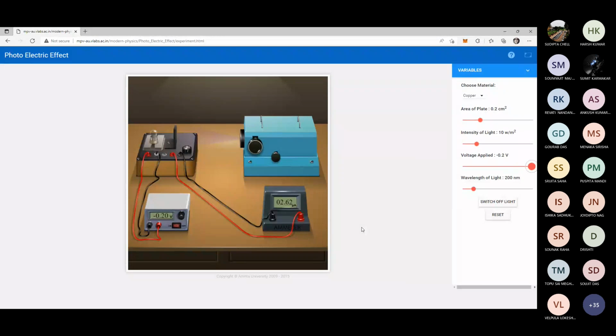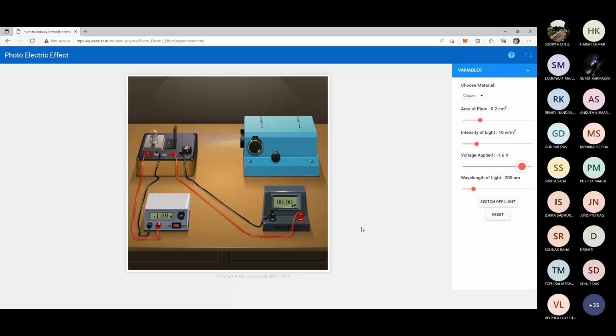We are changing our applied voltage, and you see your current is decreasing continuously. Now we have to find this 0 current. For this particular voltage, minus 1.6 volt, your current is 0.